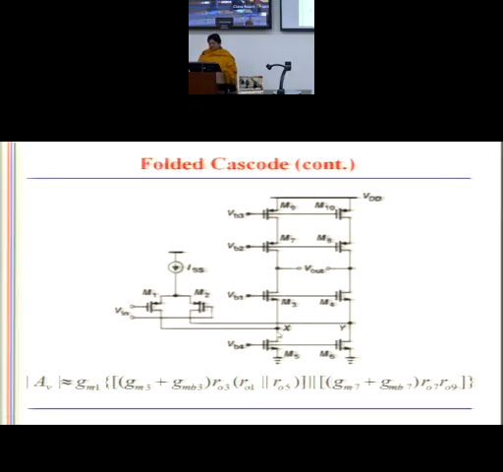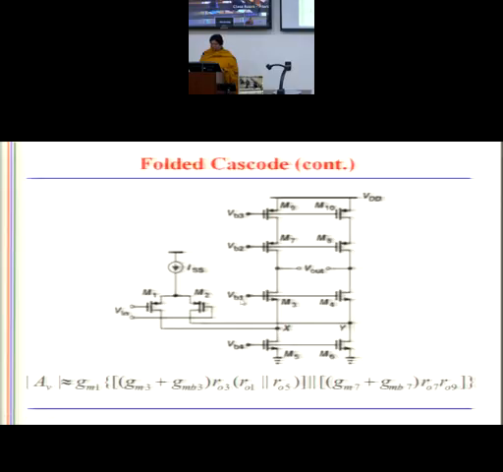That will constitute Cx. CGS is dominating. The resistance is only RO, and this resistance is GM-RO square parallel GM-RO square, so this may not introduce a dominant pole. Got it?